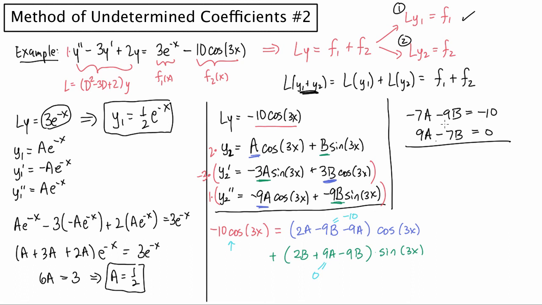So this is a 2 by 2 system, which we would solve the way you remember from high school Algebra 2. Just for the sake of space here, if you do this correctly, you'll get a is 7/13 and b is 9/13. So that says that my y2, coming back over to where my trial solution was, a cosine 3x, is 7/13 cosine of 3x plus b sine 3x.